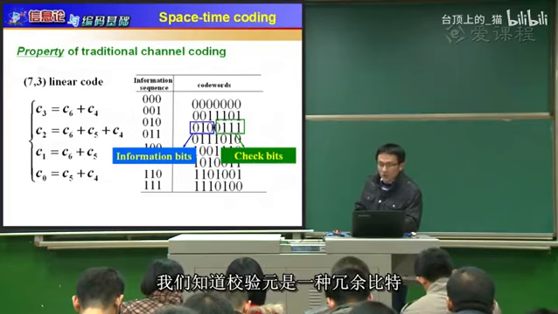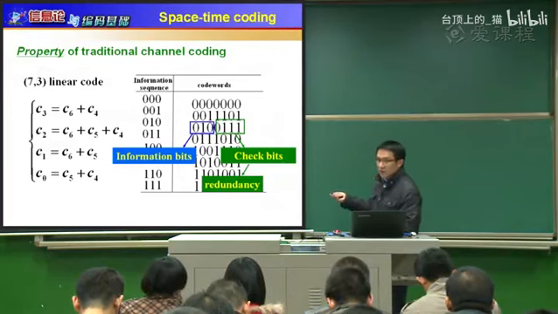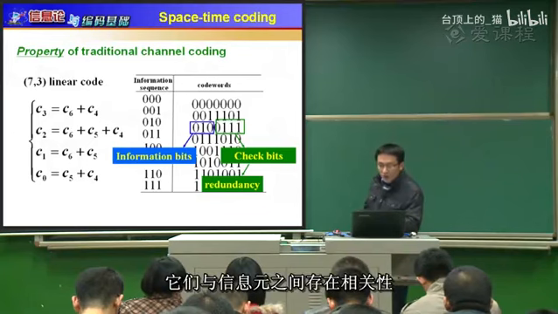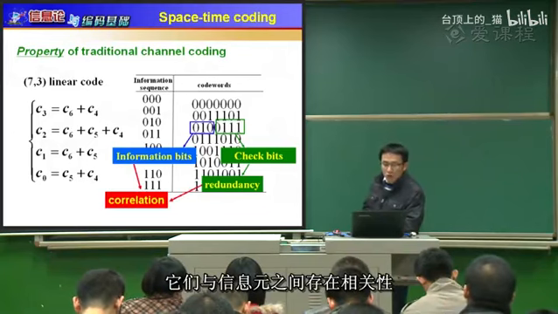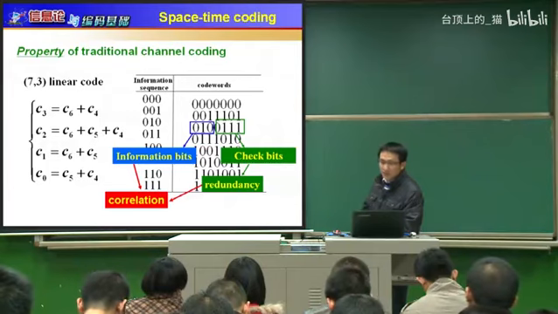And we know the check bits are also the redundancy. And we also know there's correlation between the information bits and the redundancy. Okay?